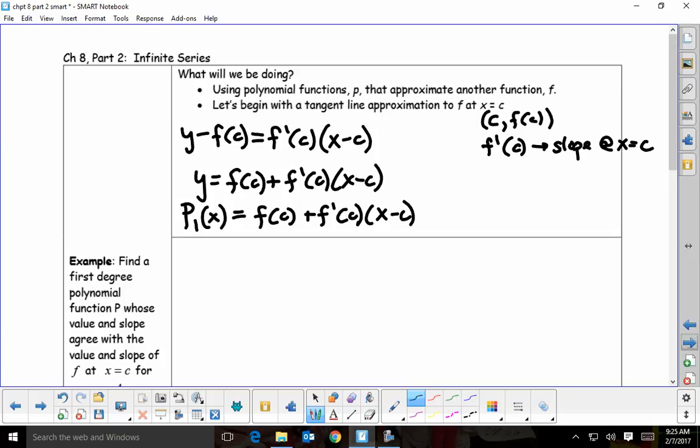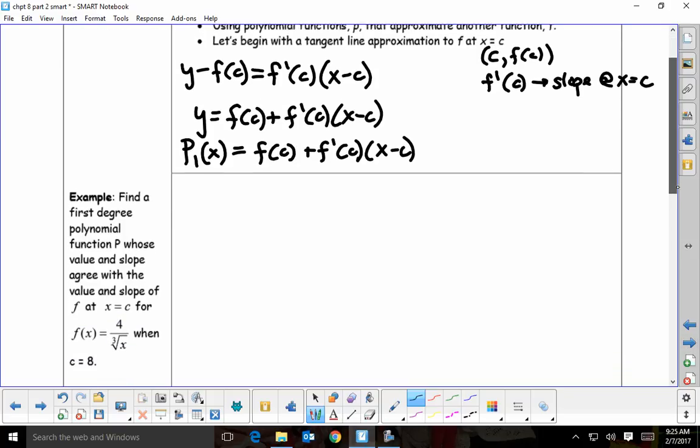Okay, so let's see that just in this first example. Again, it says find a first degree polynomial function p. So a first degree polynomial function p is also just known as the tangent line. And we've also got another word for that. Well, actually, it's two words. Another concept. Starts with an L. Yeah.